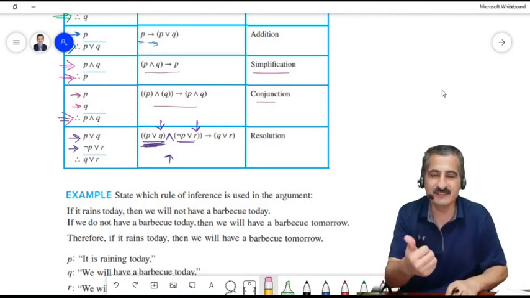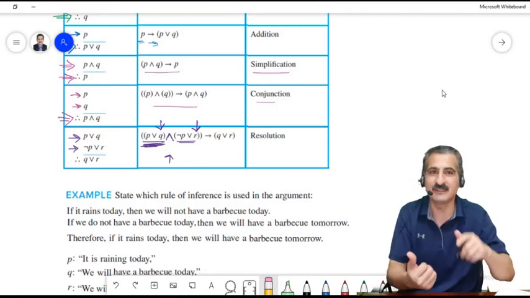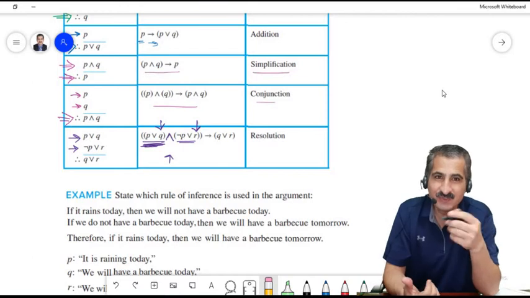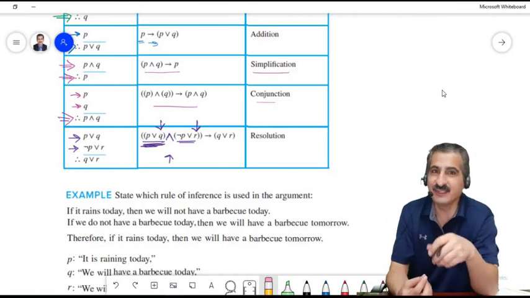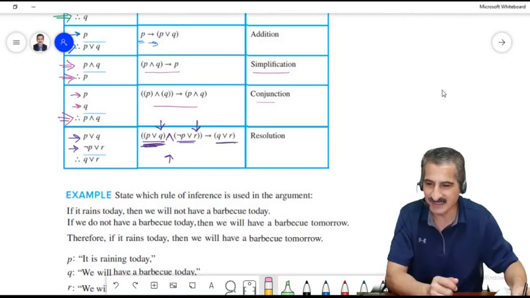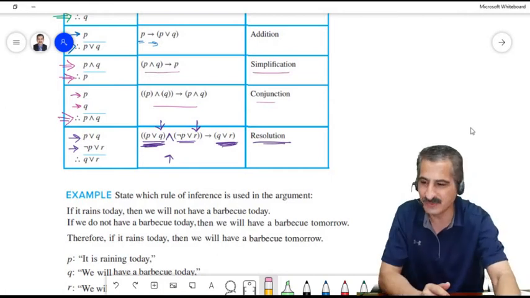If P is happening, then we must have R. If P is not happening, then we must have Q. So we must have either R happening or Q happening, and this is the conclusion. This is called the resolution. Okay? So these are all the rules of inference.